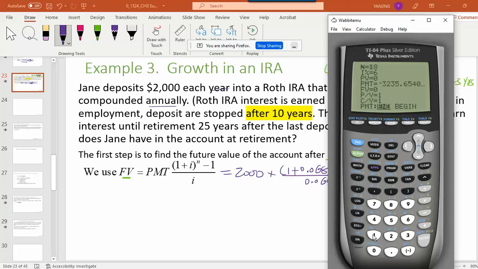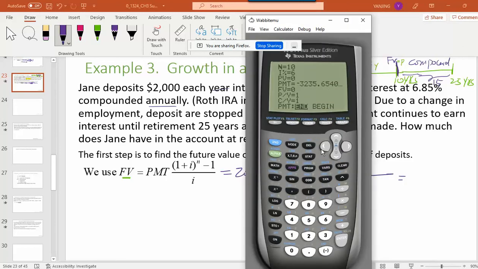So she only deposited for 10 years, and the interest rate is 6.85. Present value, she doesn't have anything. And the annual deposit is 2,000. Since it compounds annually, everything is 1 right here.